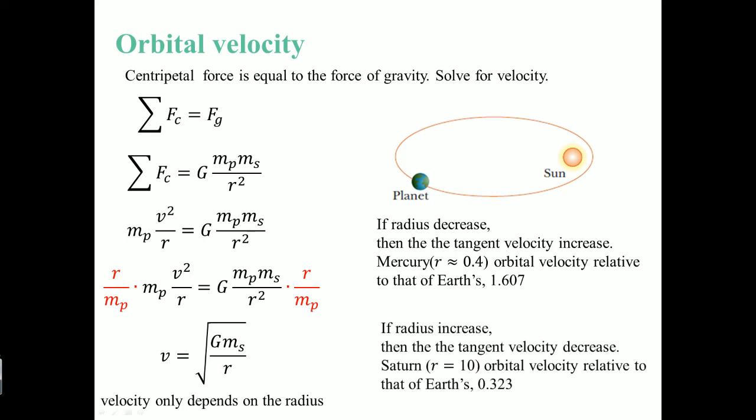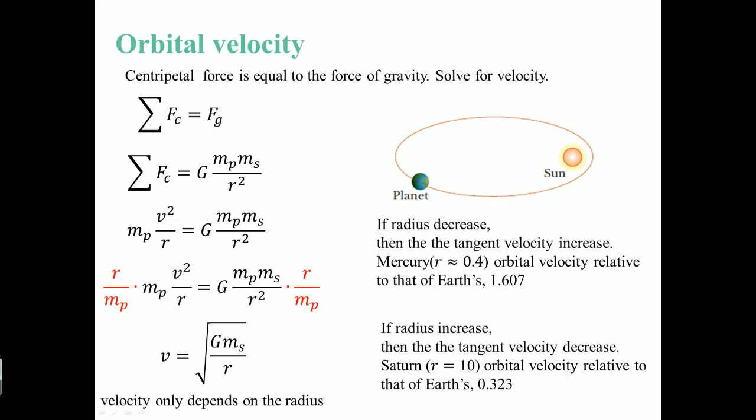But what about if the radius increases? We know that a planet like Saturn is almost double ours. Okay, so their radius is 10. And their orbiting velocity here is 0.323. Their velocity is decreasing.